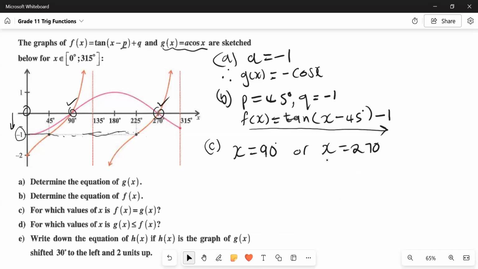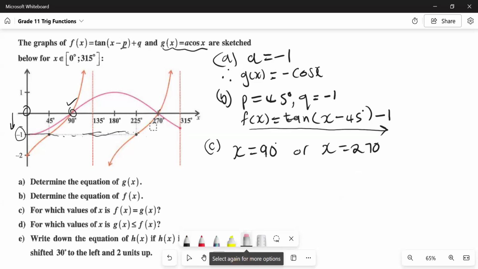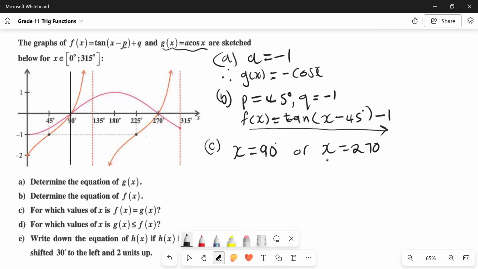Now let's go back to our sketch. Between 90 and 135, this is the graph of f, this is the graph of g.